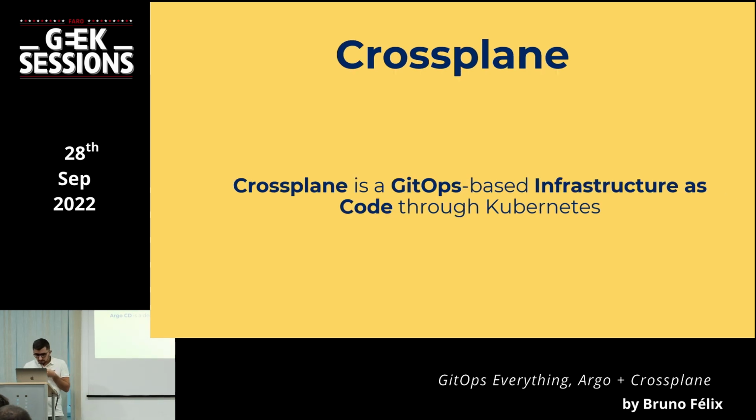For the other part, managing and deploying infrastructure, I choose Crossplane, perhaps the only tool on the market, or if not the only one, perhaps the best-known one. Crossplane is GitOps-based infrastructure as code through Kubernetes.